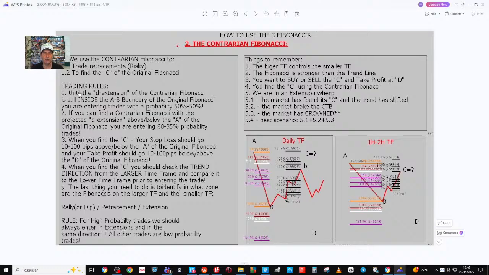Okay, trading rules. It's small d, but I'm naming it sub d. Until the sub d extension of the contrarian Fibonacci is still inside the AB boundary of the original Fibonacci, you are entering trades with a probability of 50-50, right?